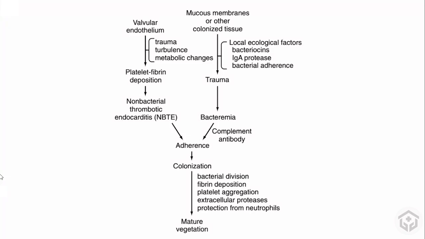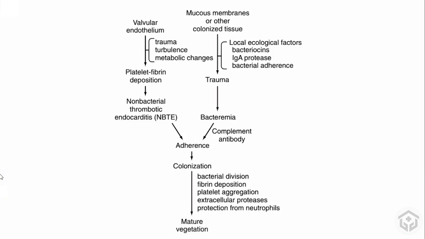This non-bacterial thrombotic endocarditis is also known as Libman-Sacks endocarditis. Libman-Sacks endocarditis is usually seen in some autoimmune diseases like SLE. Those patients also develop vegetations, and we may think this is infective endocarditis, but in those patients, that is not of infective origin. That is non-bacterial thrombotic endocarditis.